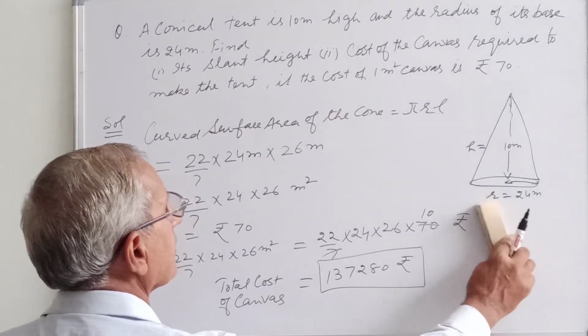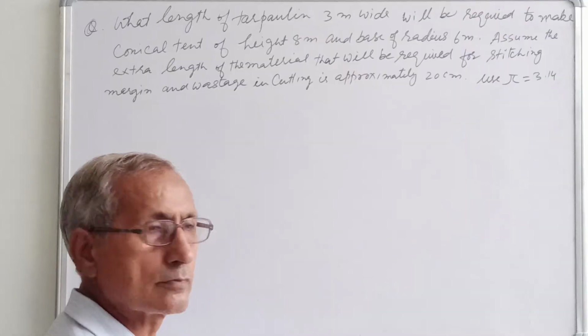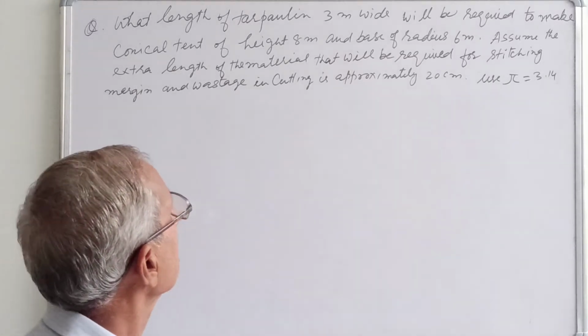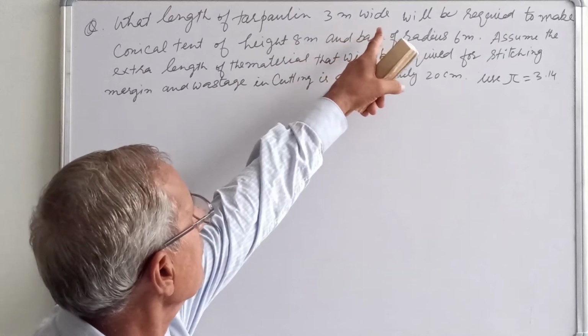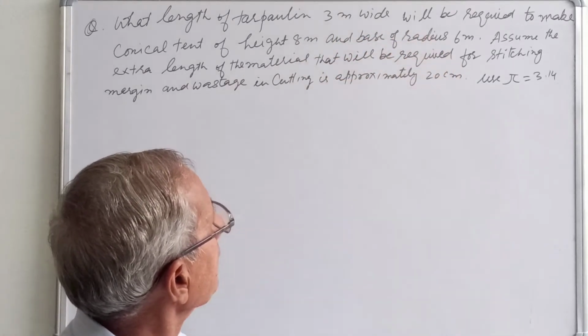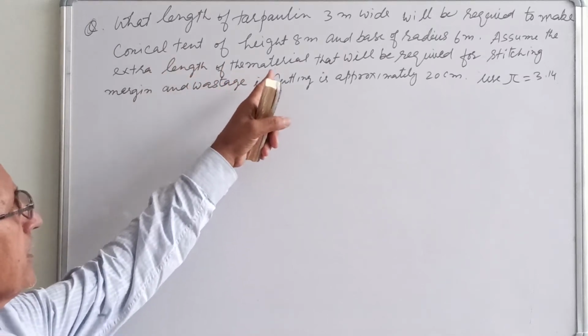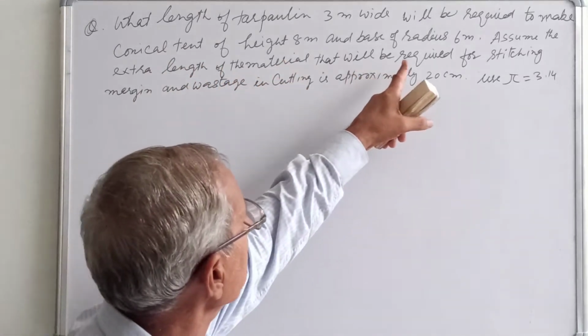Now we take another question. So here is the next question. What length of the tarpaulin of 3 meter wide will be required to make a conical tent of height 8 meter and the base of radius 6 meter?